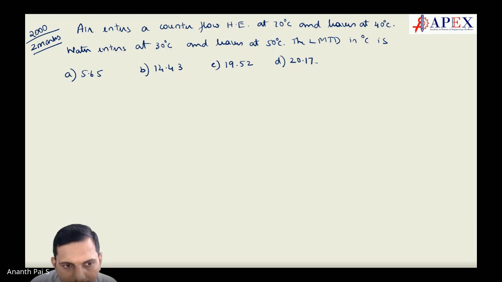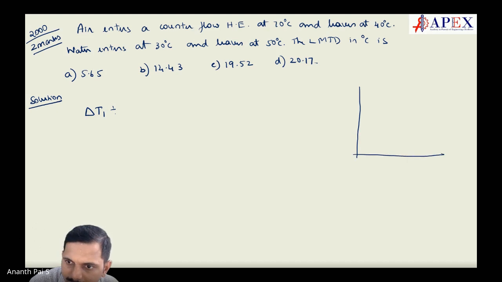So in counterflow, delta T1 is equal to what? If you forget it, you can write this. This is T hot becoming cold, and this is T cold becoming hot, right?